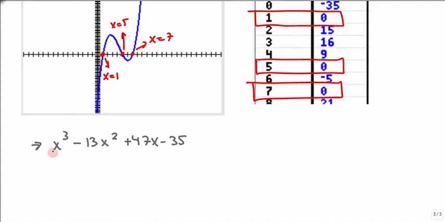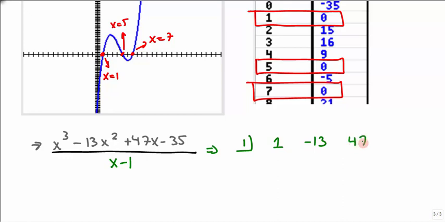If 1 is a 0, that tells me that x minus 1 must be a factor. Then I can use synthetic division on this. For x minus 1, I do the opposite, and then I write out my coefficients: 1, negative 13, 47, and negative 35.